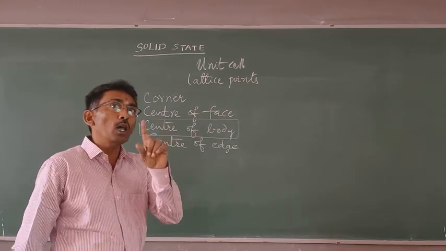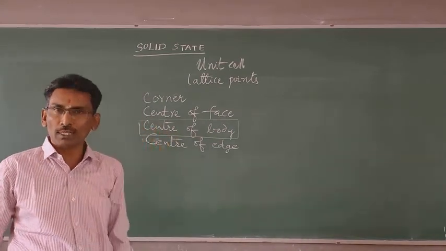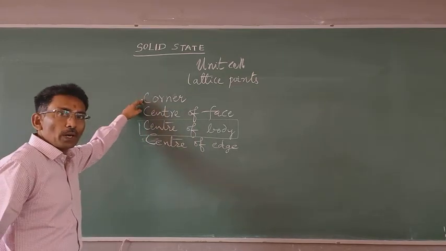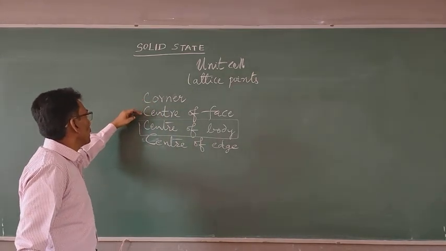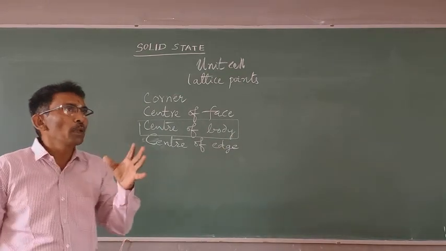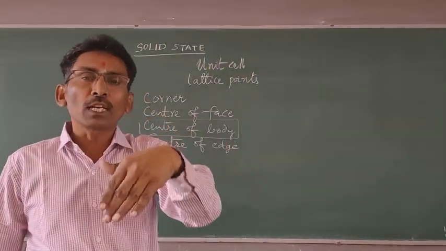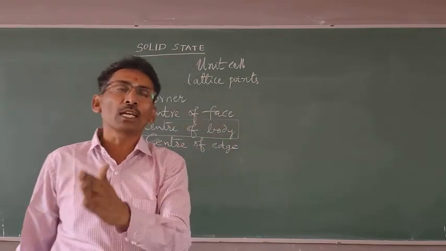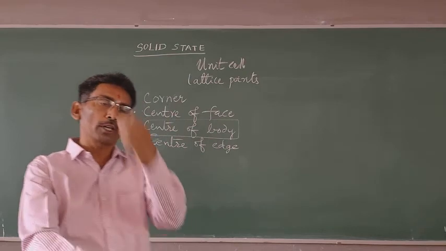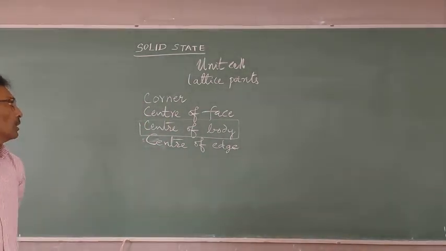Like that, a wall is common if two rooms are constructed. Like that here, the particle at the corner, at the face center, and at the edge center do not belong completely to that unit cell. A part belongs to this unit cell and the remaining part to the neighboring unit cells. That is very, very important.